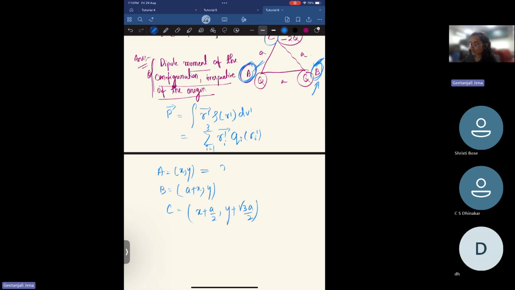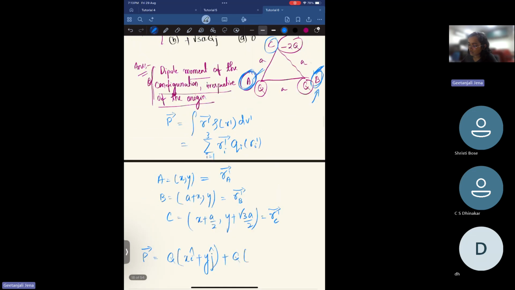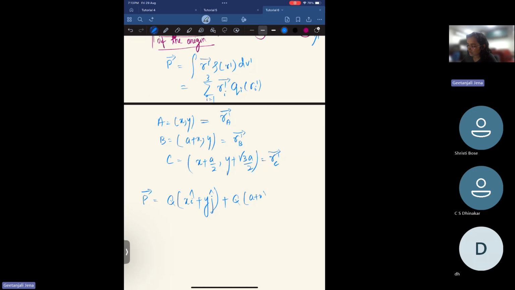So this is nothing but R A prime, R B prime, R C prime. So let us calculate what will be the dipole moment. P will be q R A prime, which is x i cap plus y j cap, plus q R B, which is a plus x i cap plus y j cap.